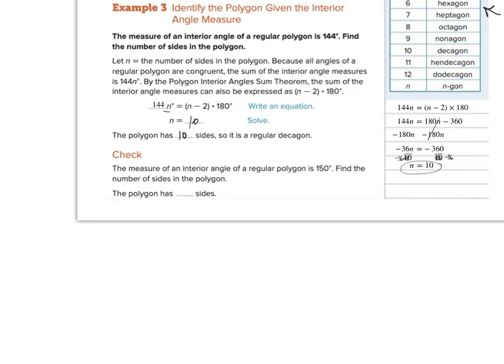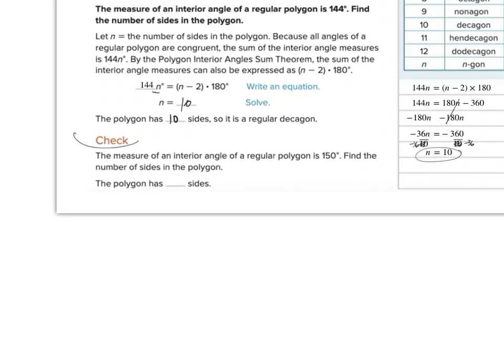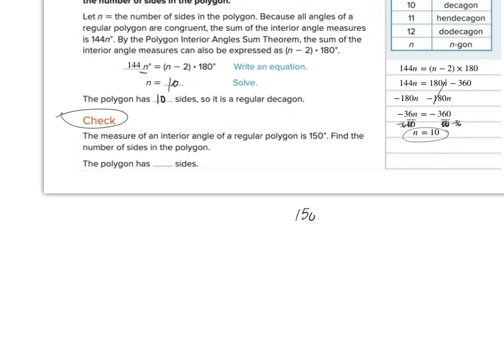And I will just say here, in doing this check: the measure of an interior angle of a polygon is 150 degrees. Find the number of sides. 150 is the measure of my interior angles times the number of angles, which is the same as the number of sides. And then I have n minus 2 times 180.